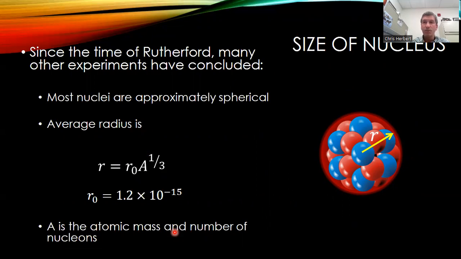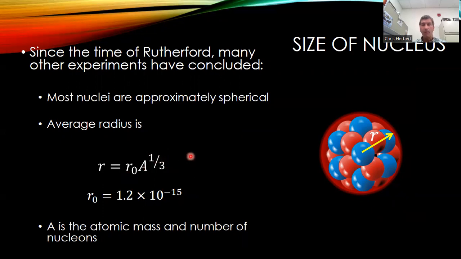Okay, so let's do some calculations here. Because nuclei are spheres made of nucleons, which are fermions that don't like to overlap their wave functions, we can basically say that the radius of a nucleus is equal to some constant R0, which would represent the approximate radius of each of the nucleons, times A to the 1/3 power.